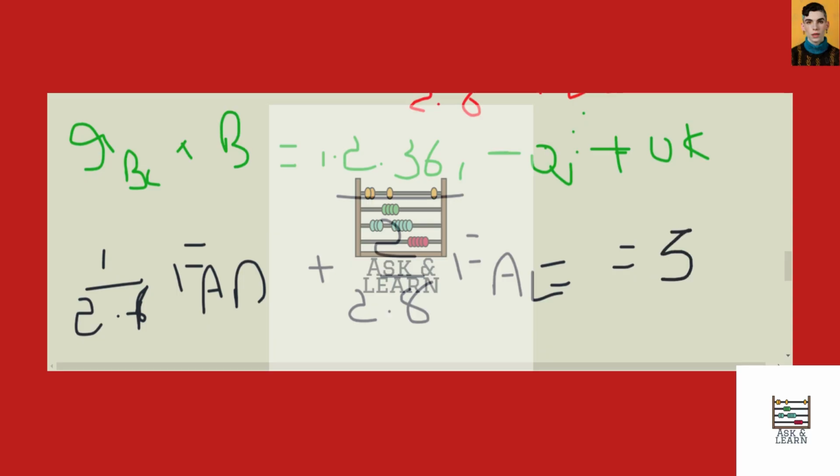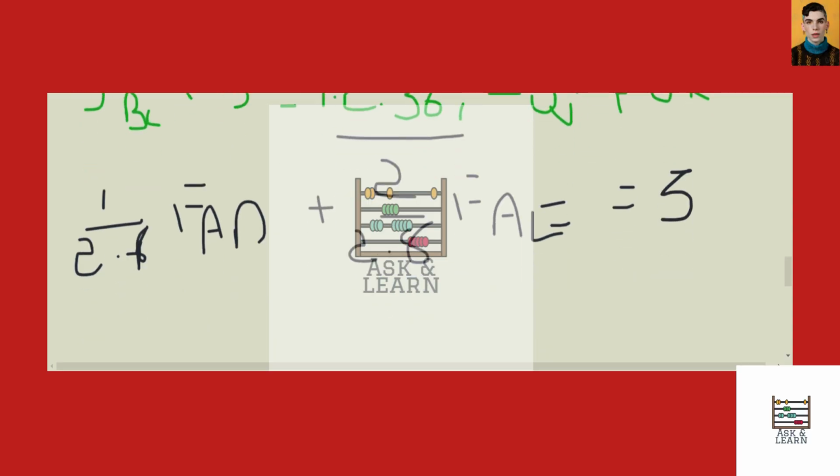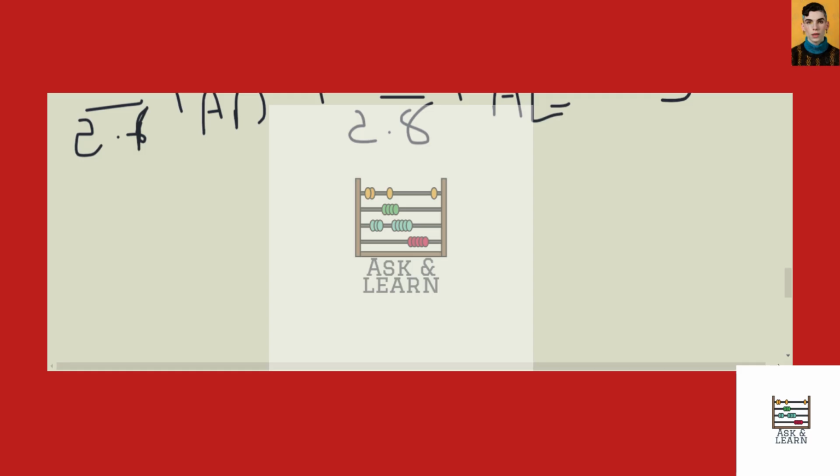In the same manner, we can add j as well as k. So now if we add all the terms in the direction j, we find the following equation. So for the j term, we can write 1 upon 2.6 FAD is equal to 1 upon 2.8 FAE.